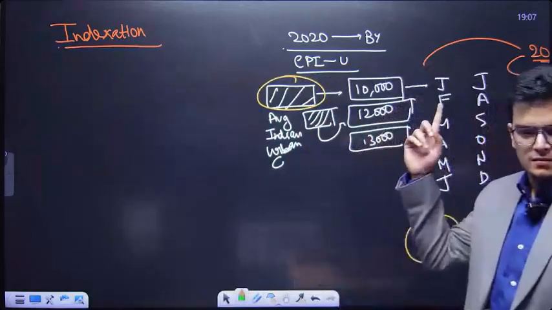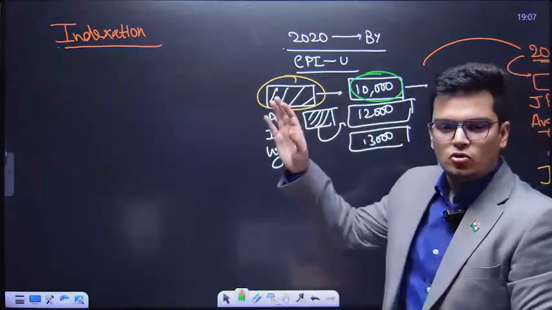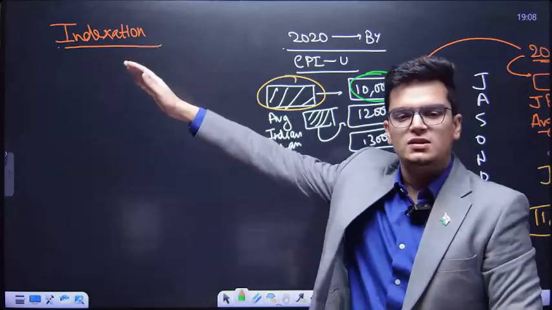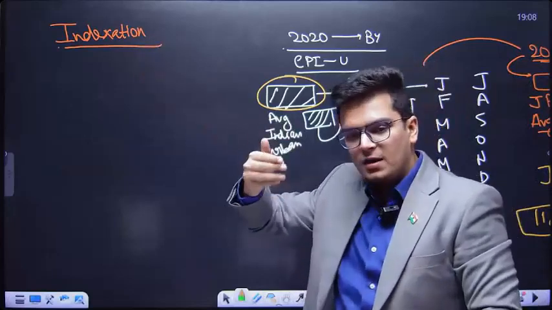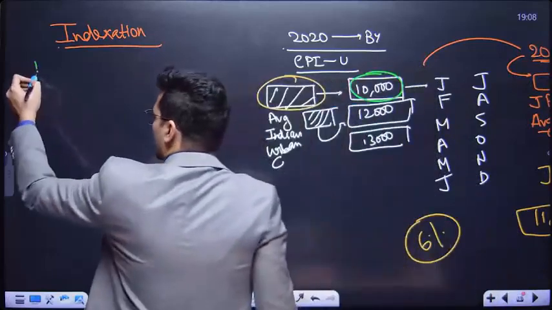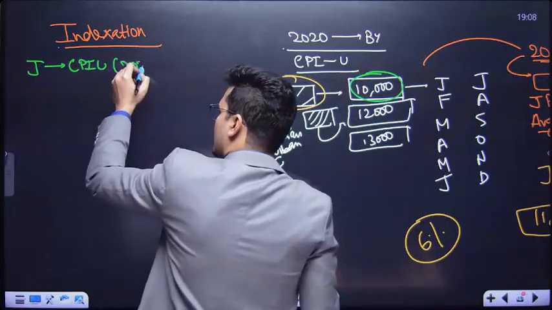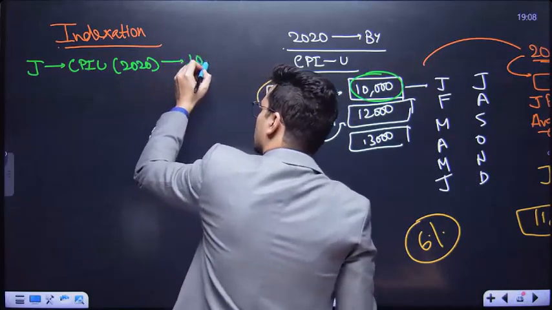January's basket in 2020's cost was rupees 10,000. Indexation is done so that I can compare mathematical values easily. So I will say January basket of CPI Urban in 2020 cost rupees 10,000.